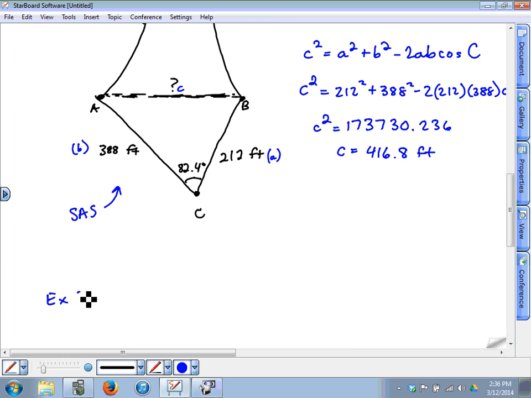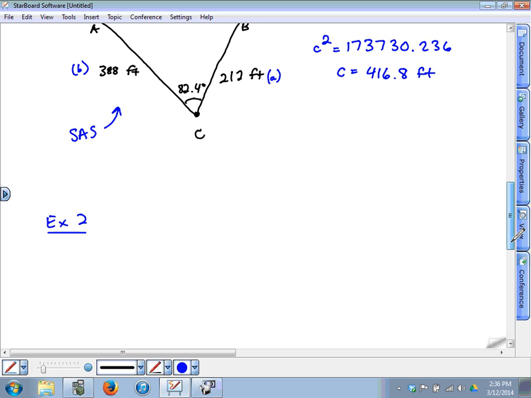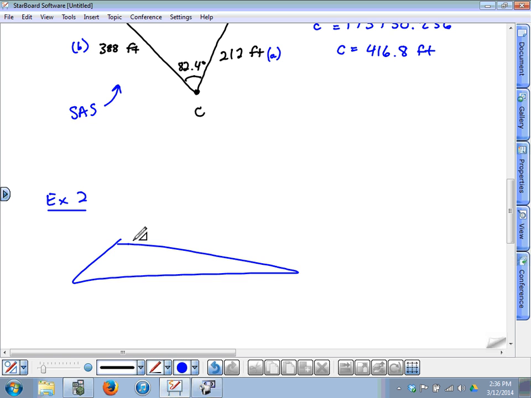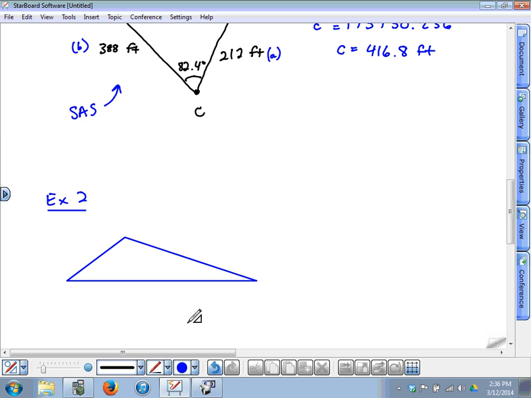Let's take a look at example 2. So given the diagram of a triangle, draw this triangle here. Label this vertex A, vertex B, vertex C. That length is 5, this length is 8, and this length is 12.